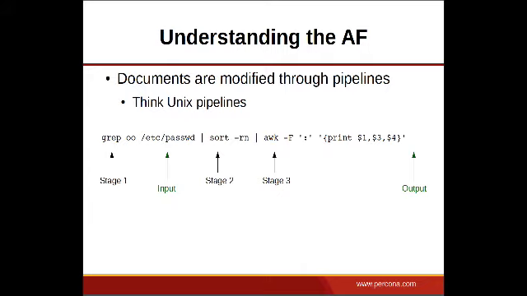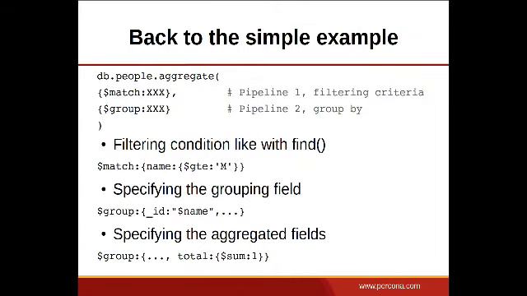So if we go back to our query, what we want to do is some aggregation query on the people collection. The first step will be to use the $match operator, which means we'll filter some documents. And when it's done, we will use the $group operator to group documents by a given criteria.